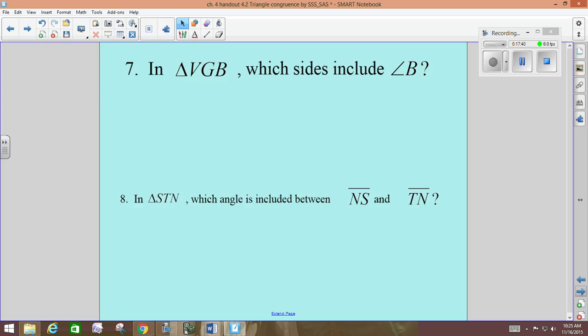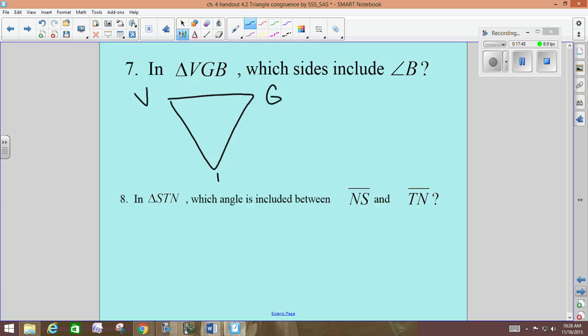Draw triangle VGB. Here's angle B. Which 2 sides are on the outside of it? Or angle B is between which 2 of those sides? Or which 2 sides meet at angle B?